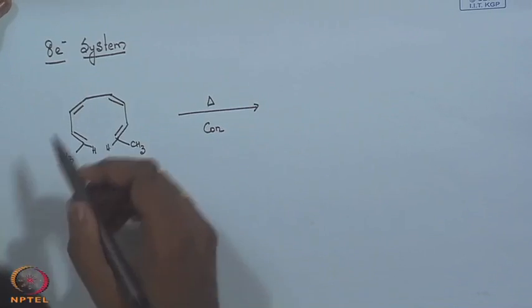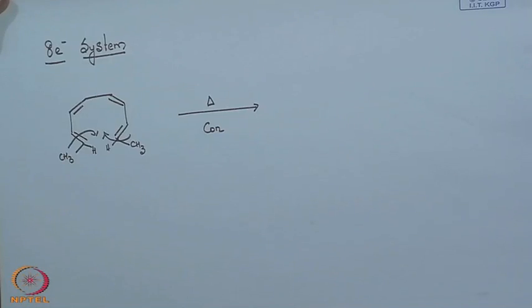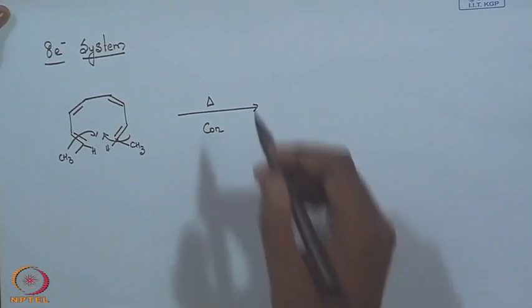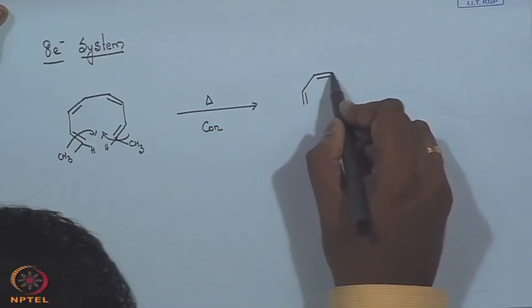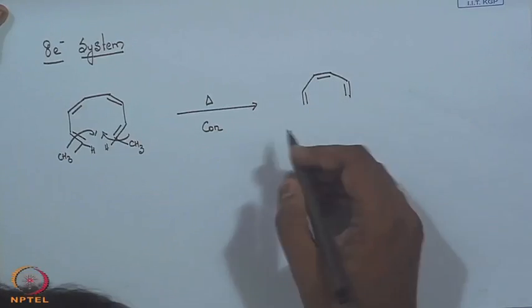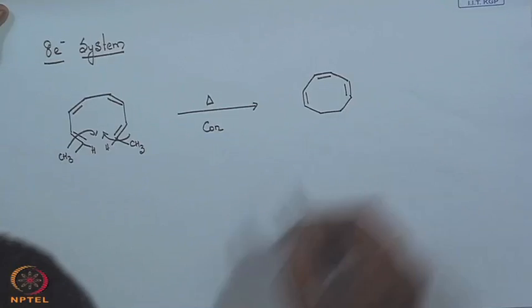So, this con rotation, you know, both should be clockwise. So, you get a product. Right.